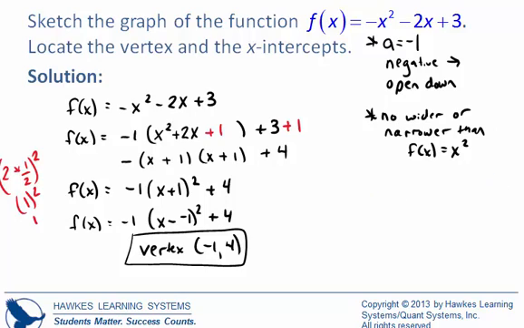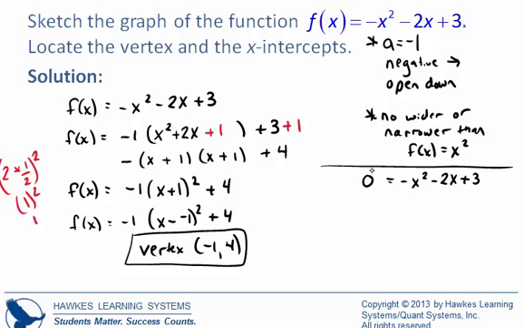So we're going to take our function negative x squared minus 2x plus 3, and we are going to set it equal to 0 because remember that your y value is your f of x. So instead of f of x, I'm going to put in a 0, and then I'm going to look at solving this expression.